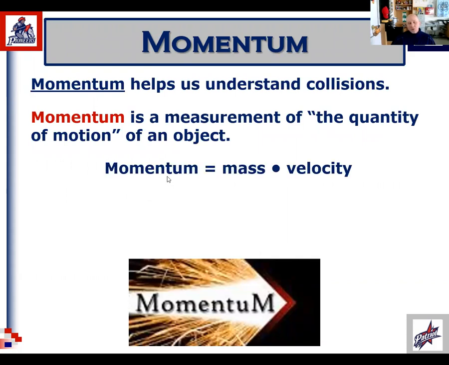But the symbols for this: it's a really basic equation. Momentum equals mass times velocity. That's easy, that's on your formula sheet that I showed you earlier. It's m times v. We know mass is m, we know velocity is v, so what symbol are we going to use for momentum? Somebody decided that P would be the appropriate symbol.